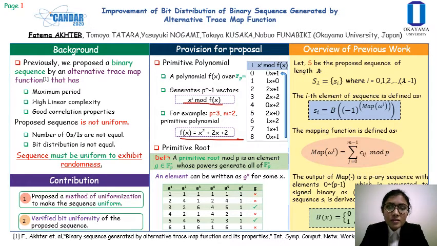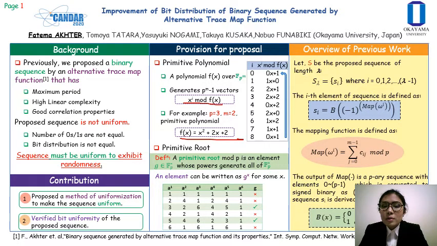This table summarizes primitive root calculation for prime 7. 3 and 5 are primitive roots in F7, whereas other elements are not, since powers of 3 and 5 can generate all non-zero elements in F7, but other elements cannot. So 3 and 5 are primitive roots in F7.